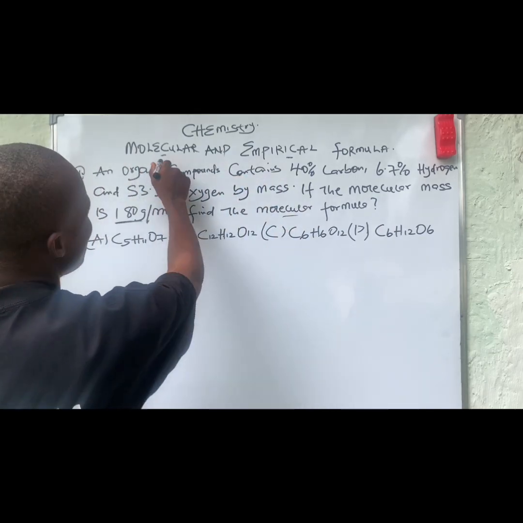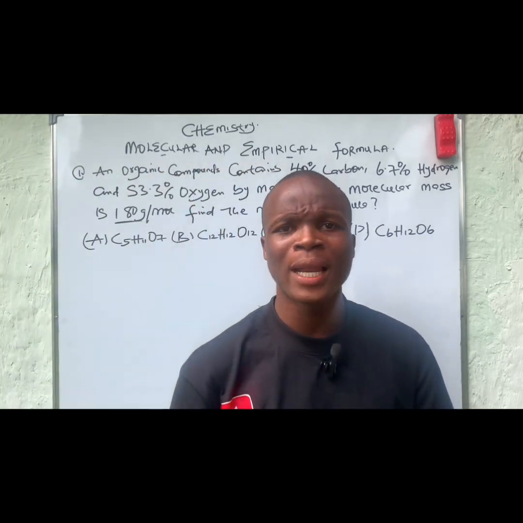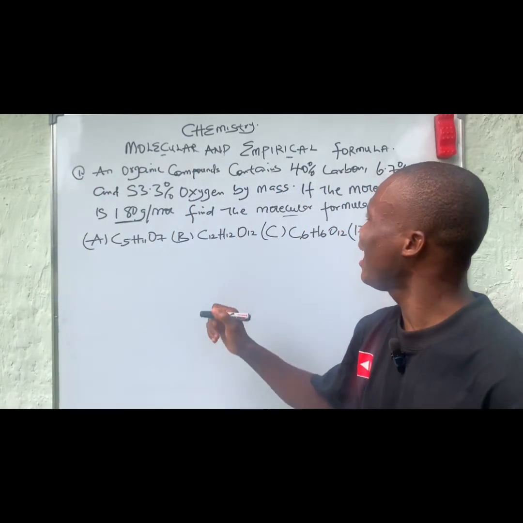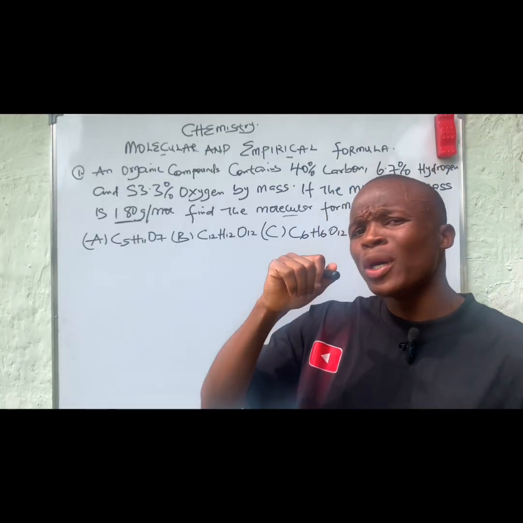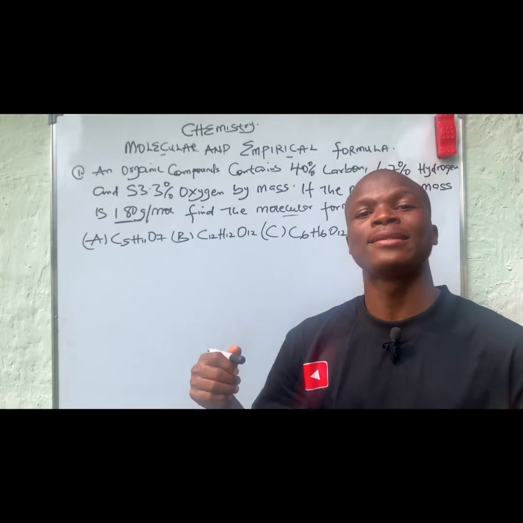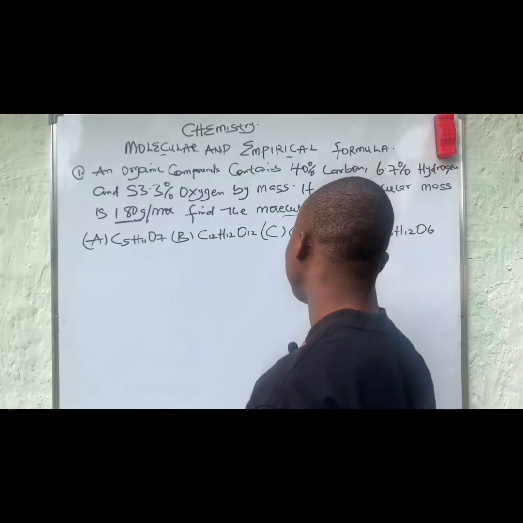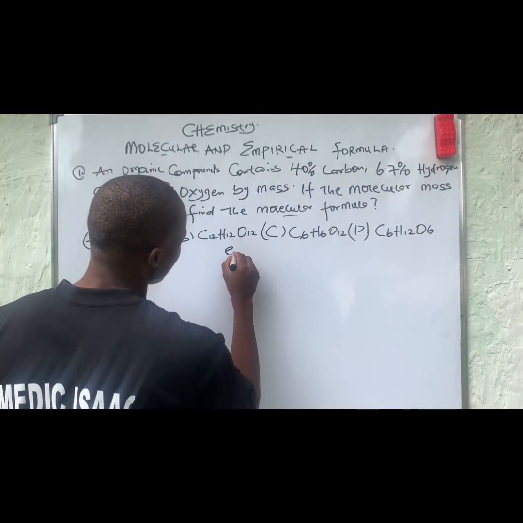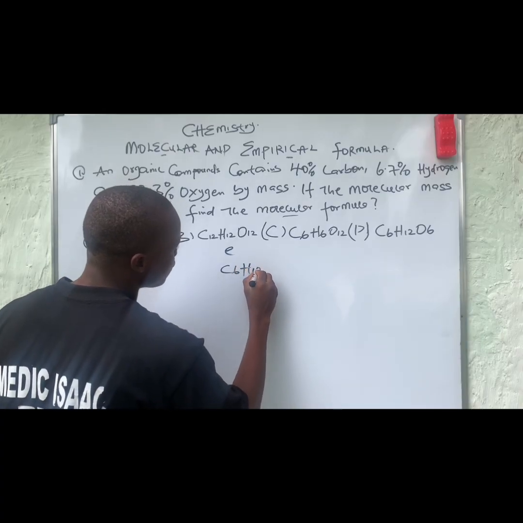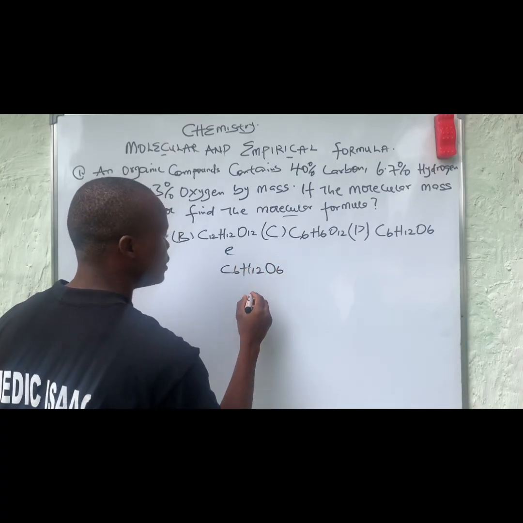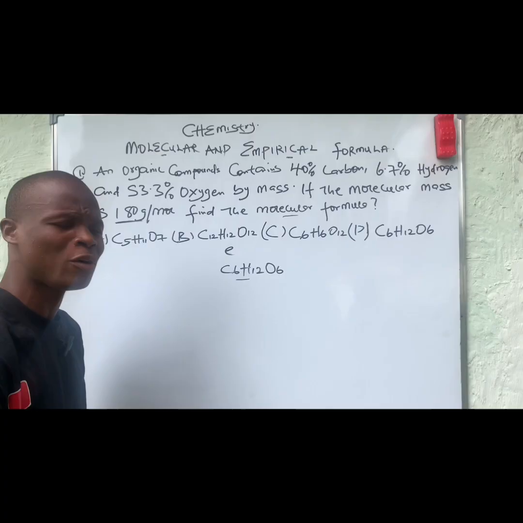Now, what is molecular formula? Molecular formula is the actual number of each kind of atom in one molecule of that substance. When I say that, what do I mean? Example, C6H12O6. This is a correct molecular formula.